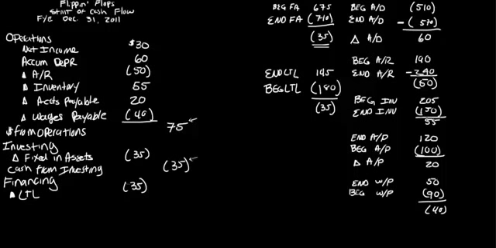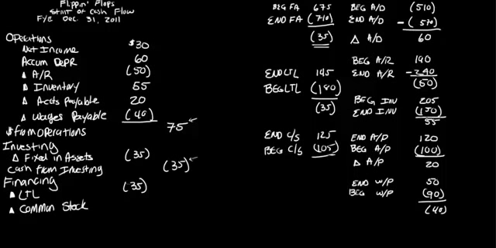And then the only other account we're going to look at is common stock. So we're going to look at the change in the common stock account. If we look at ending common stock, that balance is 125, and beginning common stock was 105.